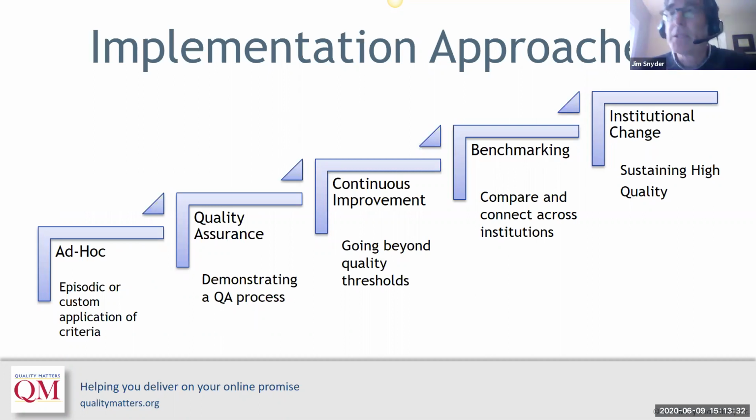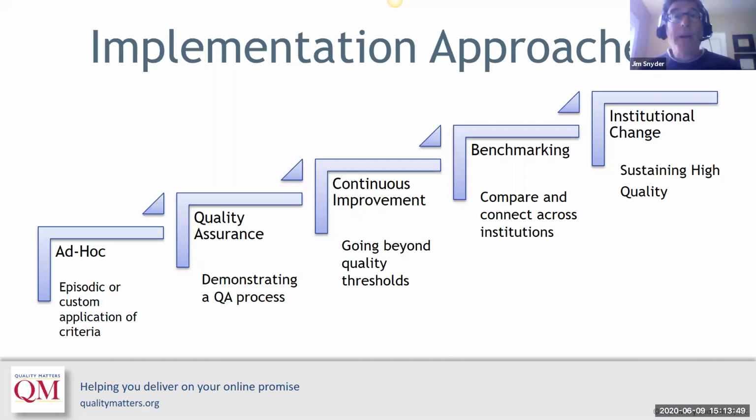We call this stair-step model the Quality Matters Continuum of Excellence. So where do you start out, and then where are you moving? It's very much a journey, and you can see all along this way you're doing continuous improvement.